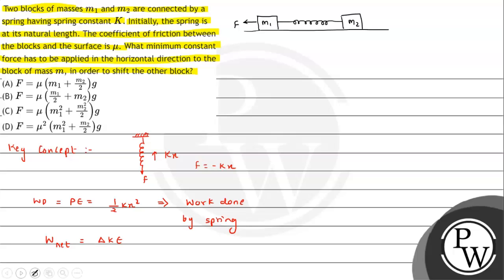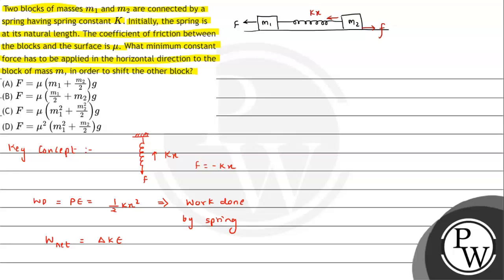अगर m2 की अगर हम बात करें, so m2 को हम carefully analyze करें, so when it will just about to move, so उसके ऊपर एक friction force must be acting in the opposite direction, right? And also यहाँ पे we can see a spring force that is of the value kx must be acting, right? जब ये इस तरफ force लगेगा, so kx will be in the opposite direction, ठीक है ना?